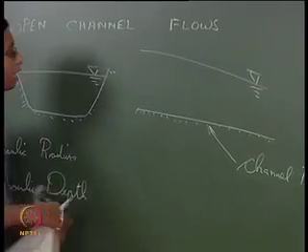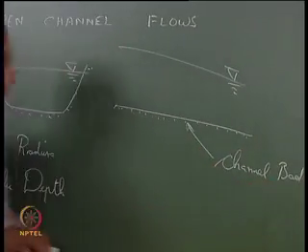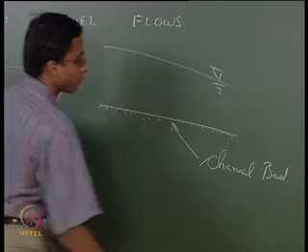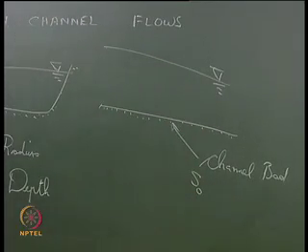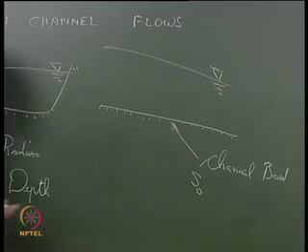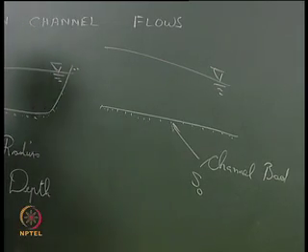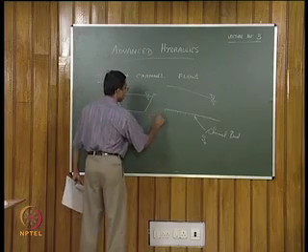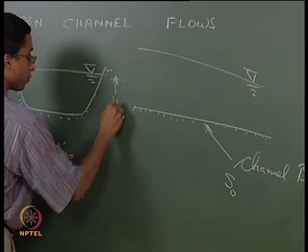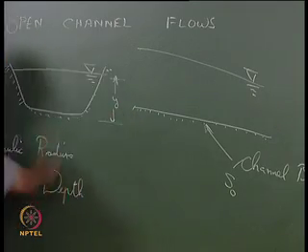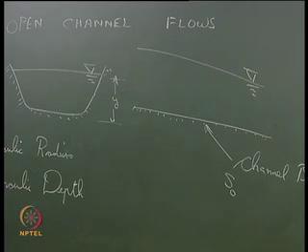Say if you have a longitudinal profile of a channel, say channel bed, let us give the slope of the channel bed as S0. We can define, at any cross section, the depth of water at that cross section.